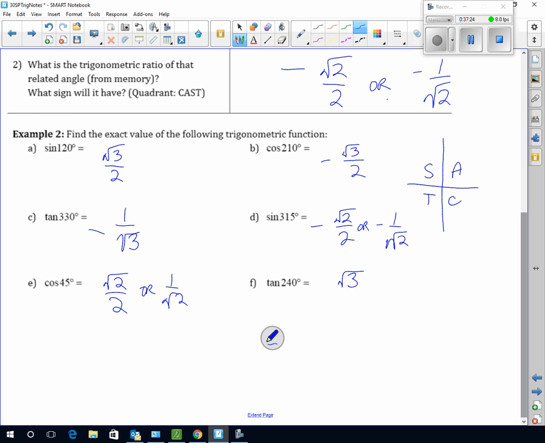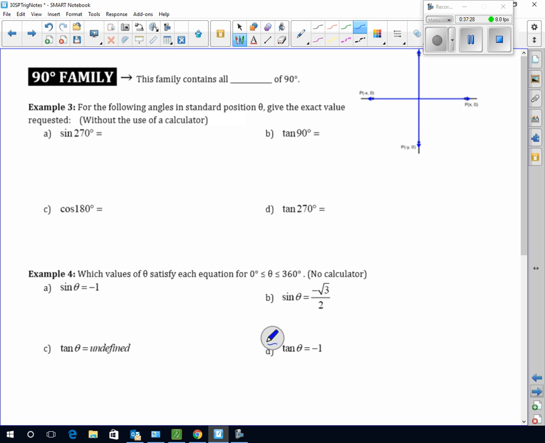Okay, now we're going to do the 90 family. The 90 family, we don't draw. Remember that the radius is always 1. So when I go this way out, what's this coordinate right here? 1, 0. What's the coordinate right here? 0, 1. What's the coordinate right here? Negative 1, 0. What's the coordinate here? 0, negative 1.